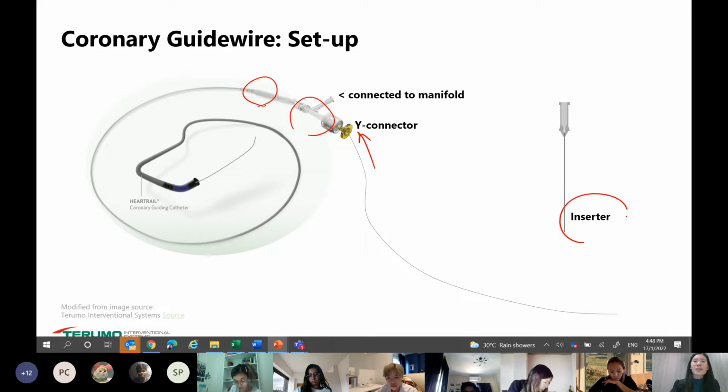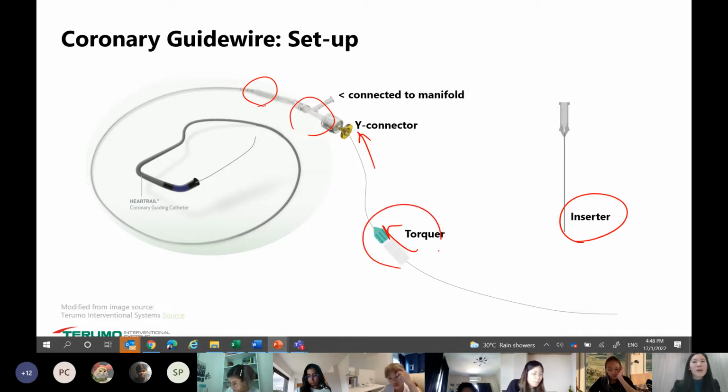There's something called an inserter, which looks like a needle. You put your 014 wire through this inserter and the Y connector, and then remove the inserter. Typically that's how the guide wire is inserted through the setup.